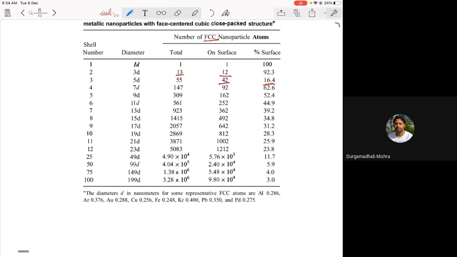Okay, so let's say magnetic properties, for example. If we talk about single domain behavior, some materials will behave as a single domain below a particular dimension. We will see about that. This single domain size is very different for different materials. If you take iron, it can be about 12 to 15 nanometer.